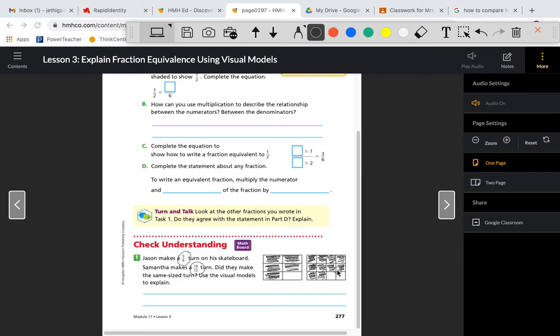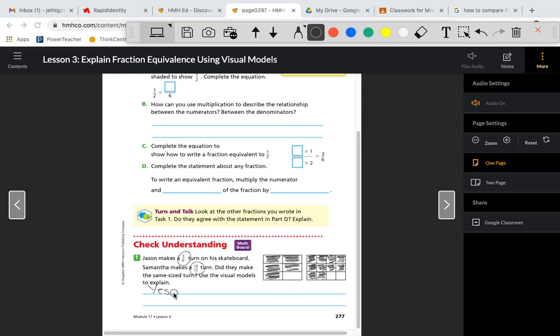Did they make the same size turn? So let's look at our shaded parts. If we look at the shaded parts and the amount of space that they take up in our shape, they take up the exact amount of space. We also see that the parts that are not shaded take up the same amount of space. So that tells us that they made the exact same size turn. So our answer to the question would be yes.